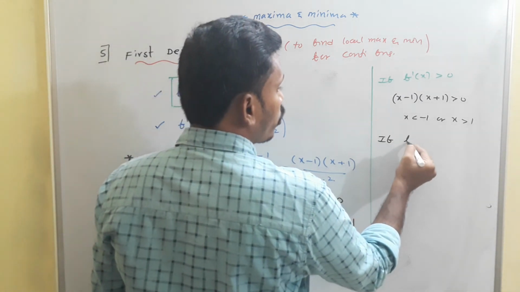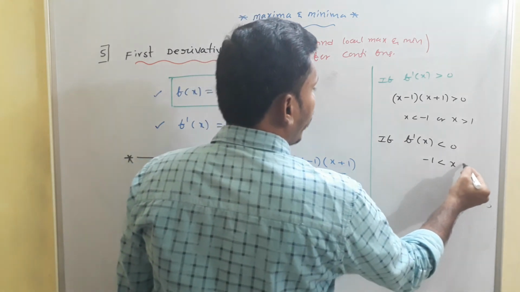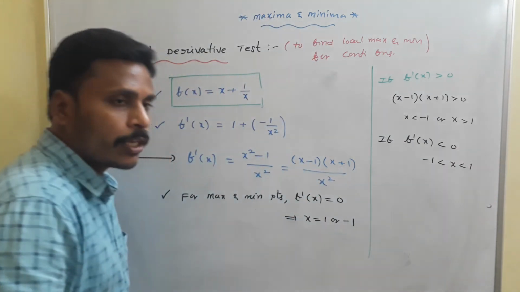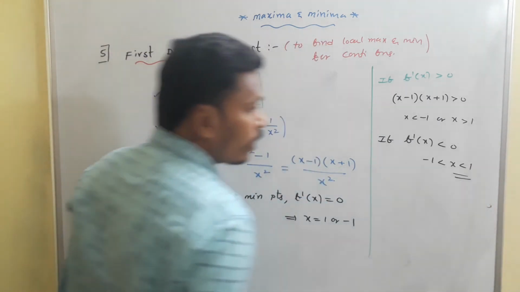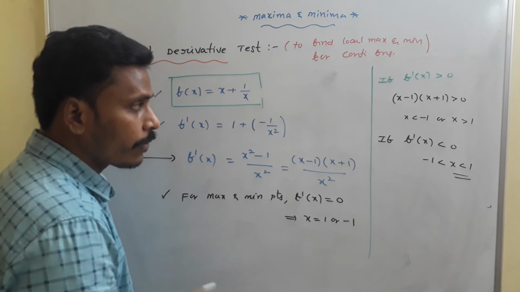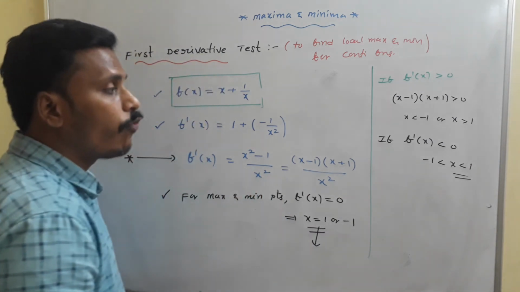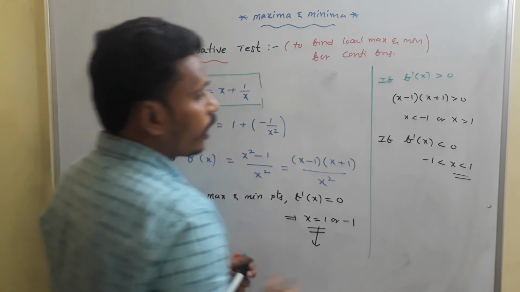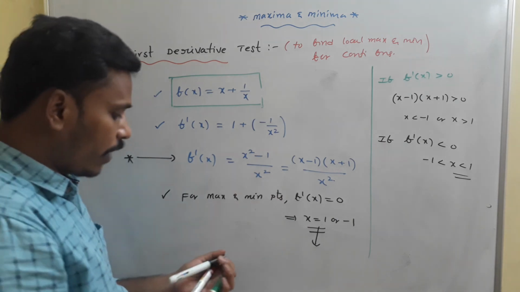In the same way, if the derivative is less than 0, then your answer is minus 1 less than x less than 1. So based on that, x less than 1, left side of 1, derivative is negative. X greater than 1, right side of 1, derivative is positive.